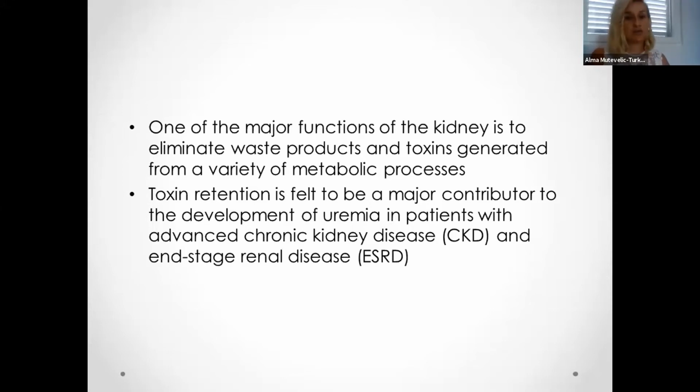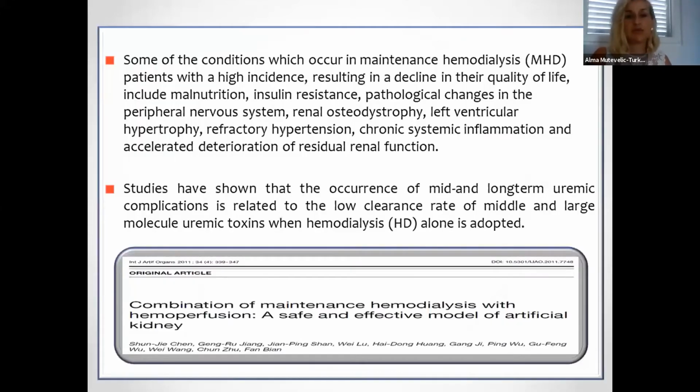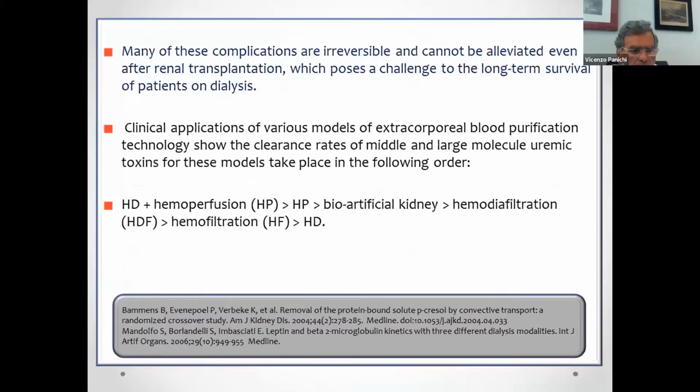Some of our studies have shown that the occurrence of these mid- and long-term uremic complications is related exactly to that low clearance rate. Some of these complications are irreversible and cannot be alleviated even after renal transplantation, which poses a challenge to the long-term survival of patients on dialysis.